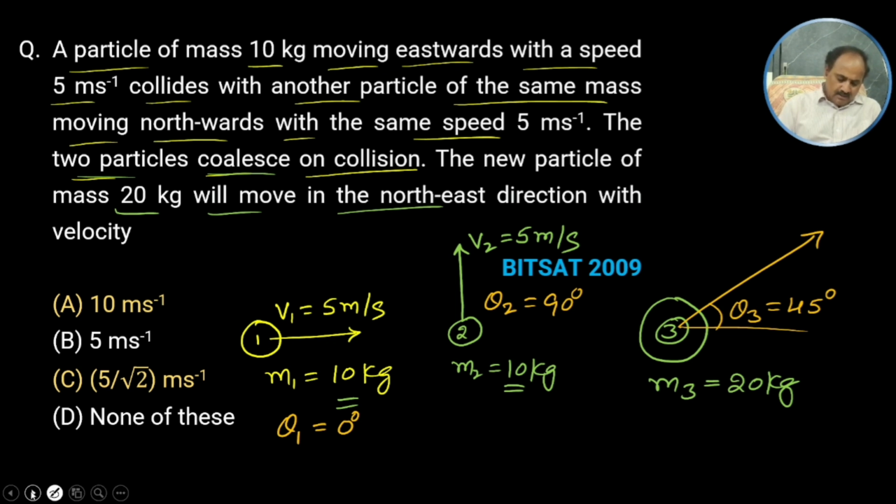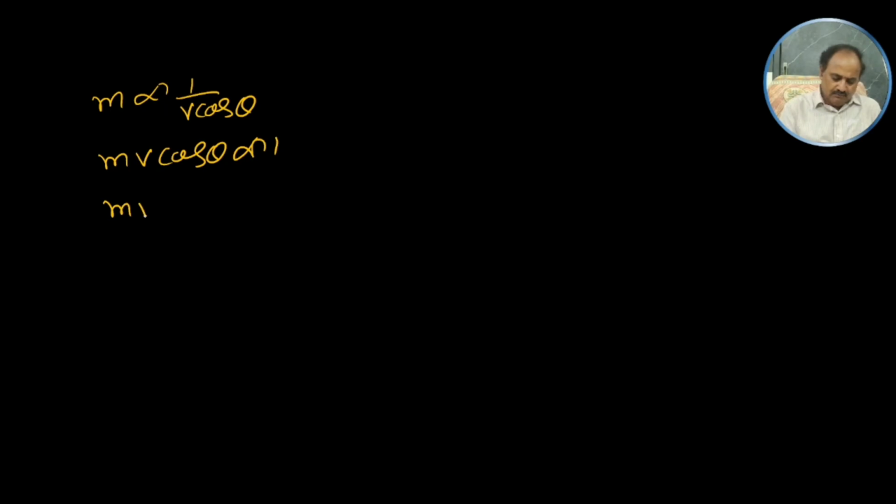Okay. Then, according to the law of conservation of linear momentum, m v cos theta is equal to a constant.